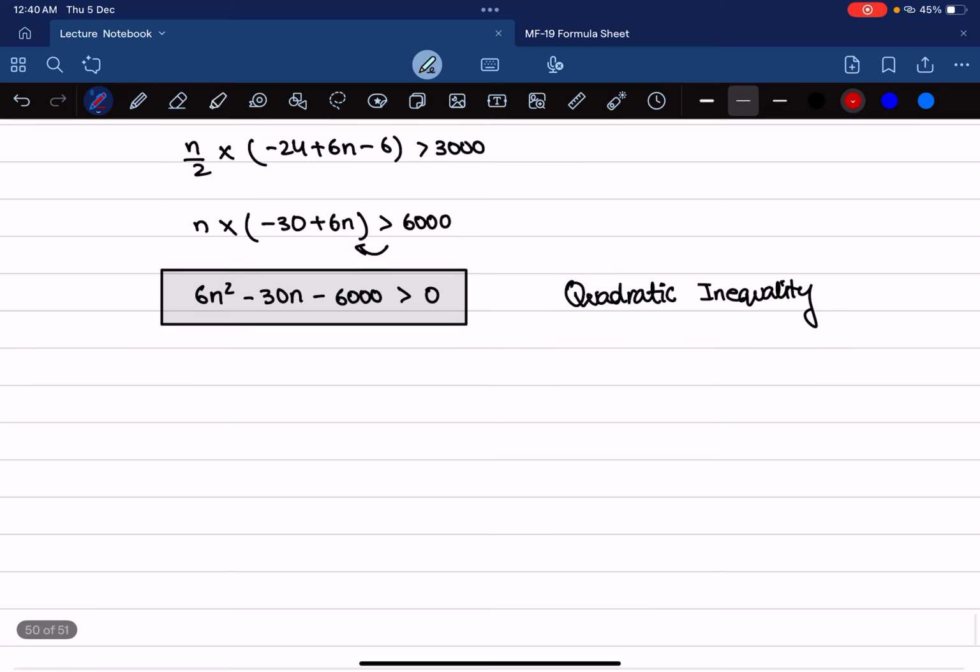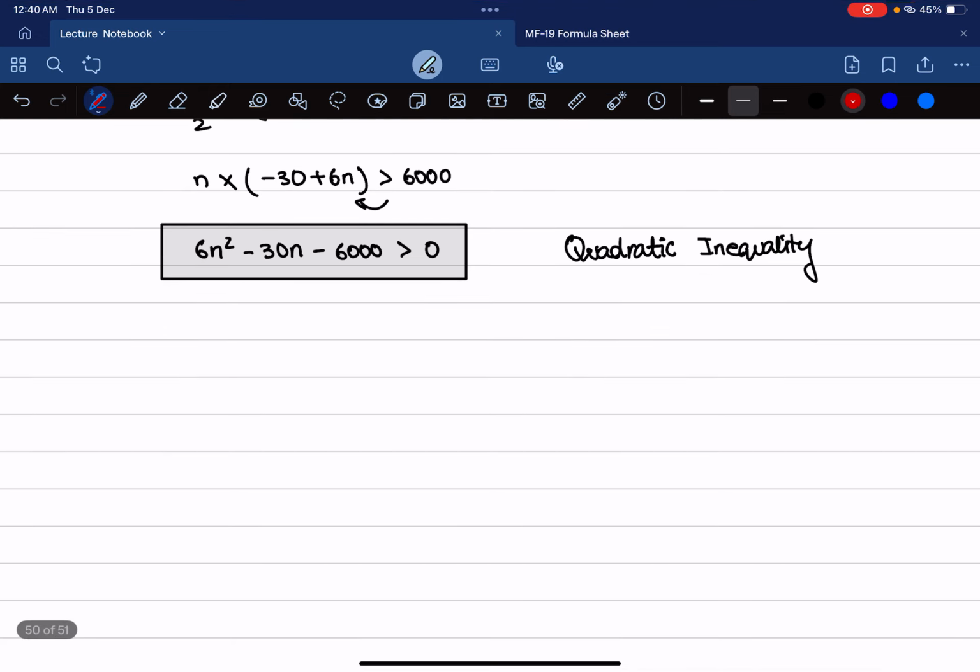In this case we will use the quadratic formula since we have a very big constant, which is 6000. But before that I will do one thing, which is taking common. I can see that 6 is common in this equation, so I will take 6 common, which gives n square minus 5n minus 1000 greater than 0.